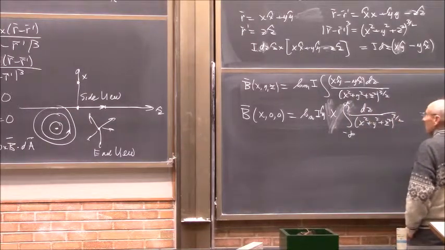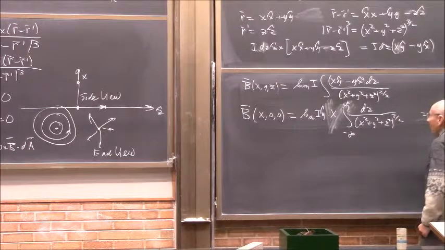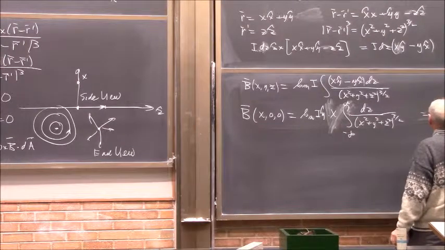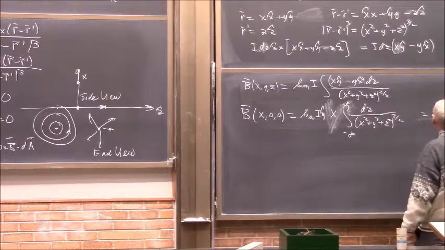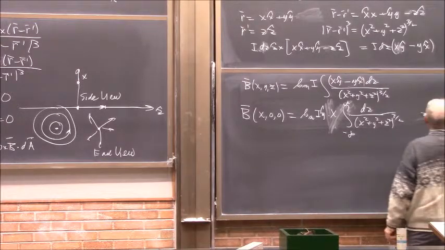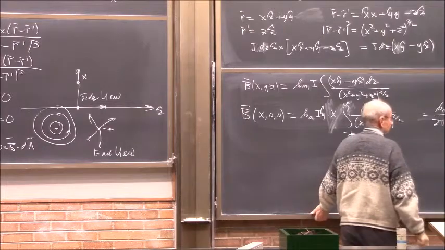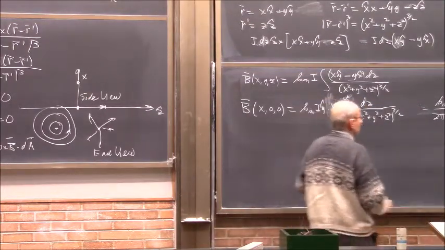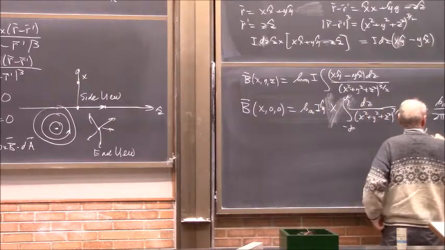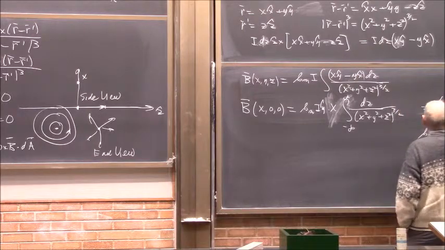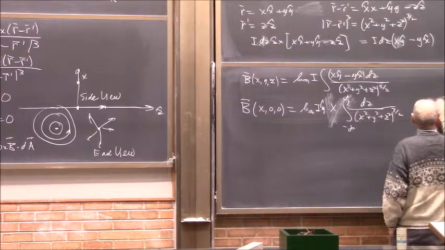And the result is that you'll get k sub m I, and then you get 2 pi times x squared plus y squared square root. In other words, the magnetic field at this point is k sub m, that's not quite right.